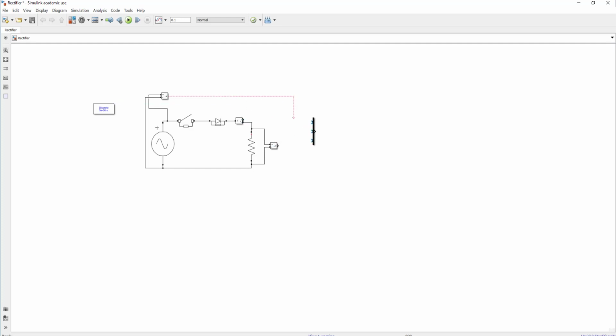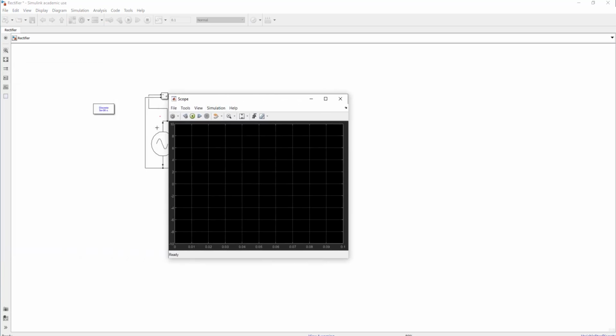So first signal is given here, the second signal is given here, and third signal is given here, and all these things will give it to a scope. So let us not give to a floating scope, we'll give it to a normal scope.